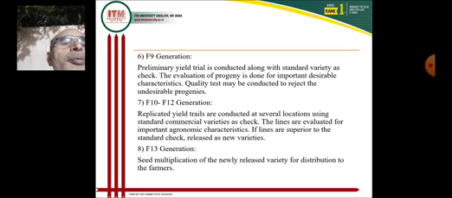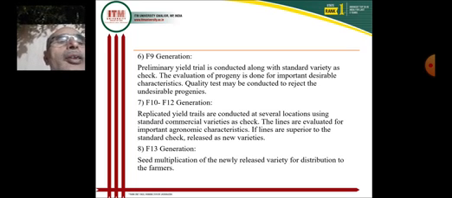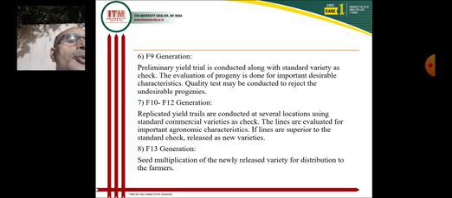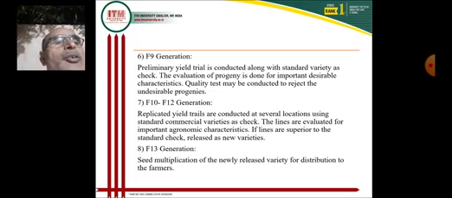In F13 generation, when the progenies are found suitable, seed multiplication of the newly released variety for distribution to the farmer is carried out.